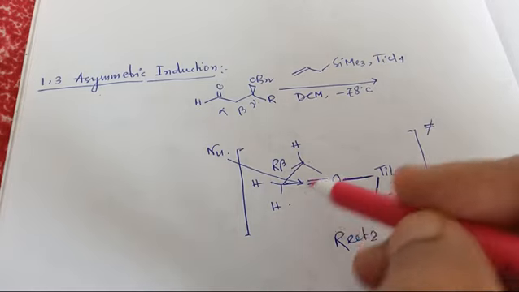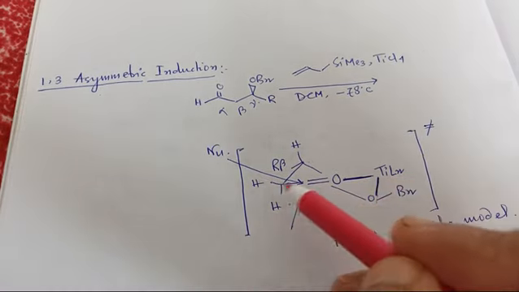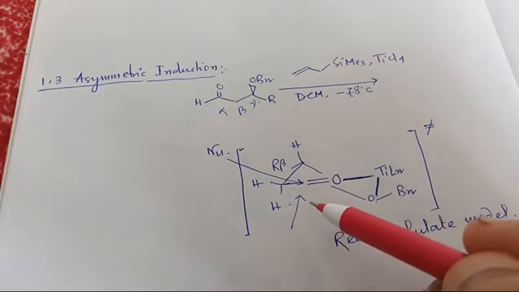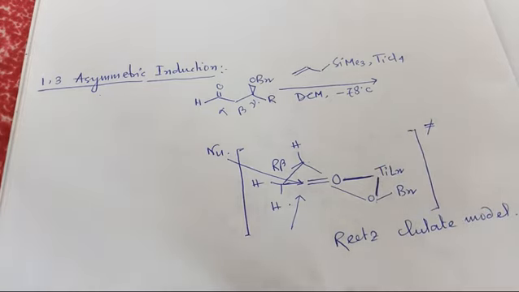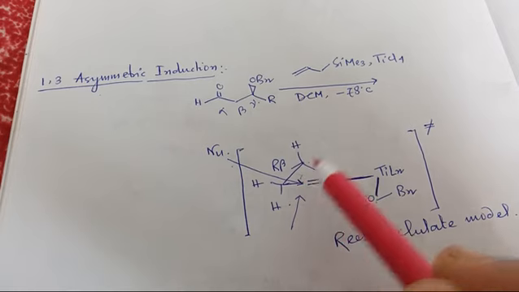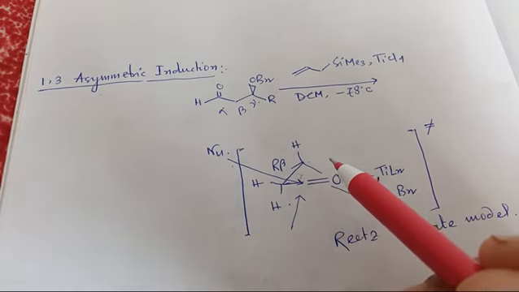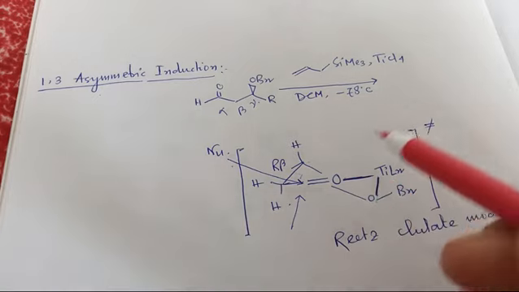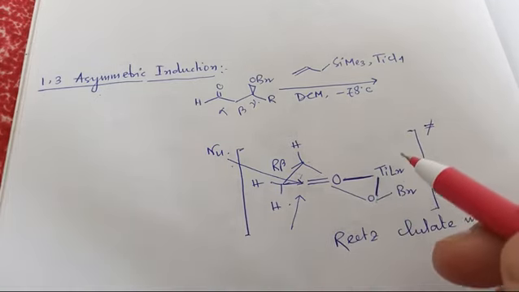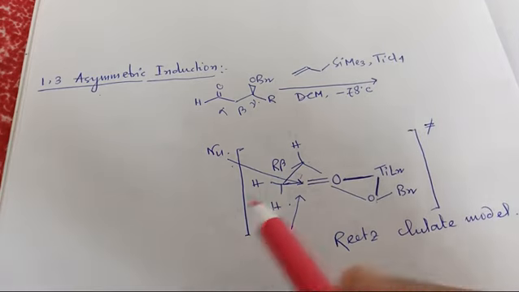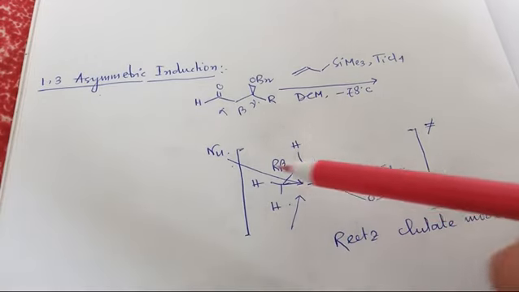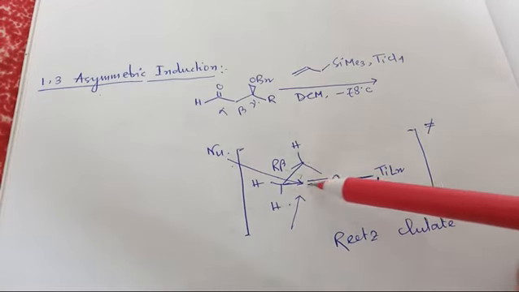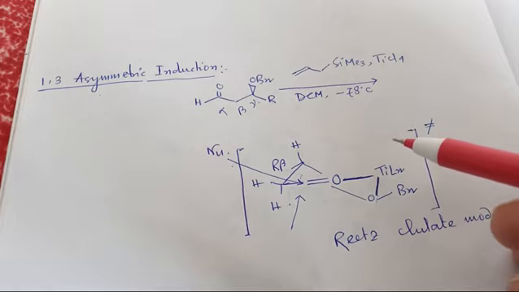The nucleophile may attack from this side or this side. If it attacks from this side, it will go through the twist boat transition state, which is less stable, and if it attacks from this side, it will go through the 6-member chair transition state, which is more stable than the twist boat form. So the nucleophile will come from this side, and after addition of the nucleophile, the OH will go down, that is, OH will be below.